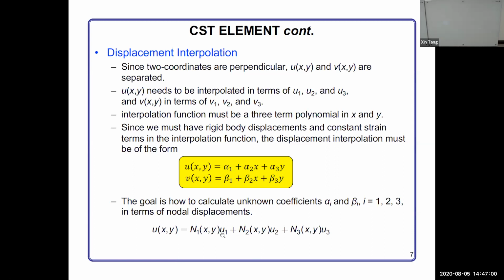Then you arrange it to sort out u1, u2 and u3, and they are associated with the x, y functions. Then you put the x, y coordinates you want into this function, and you can calculate the displacement of that point with the coordinates x and y. Now let's derive this equation together.